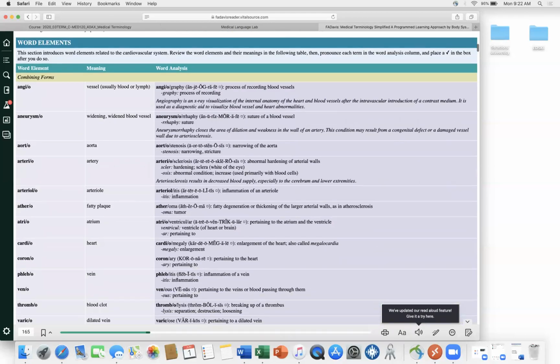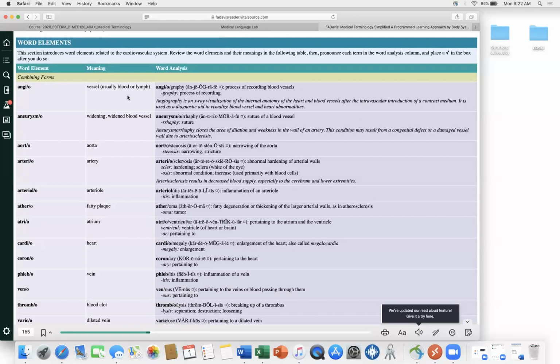The main bulk of any of your chapters are these word element sections in your textbook. And you can see they do a lovely job of breaking it down for you and then giving you examples using combining forms, suffixes, and whatever parts that we talked about in chapter 1. So let's look at this one, angiography.